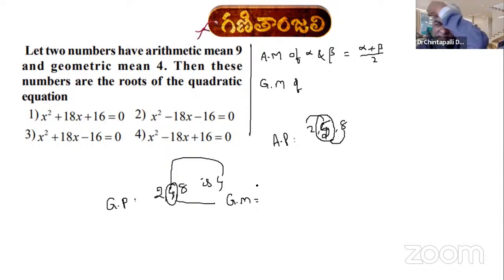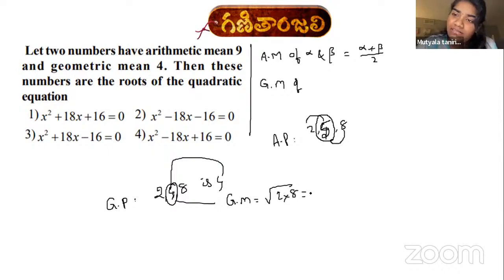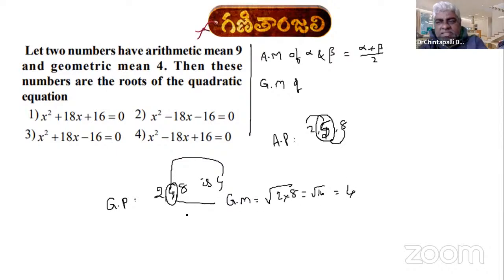AM of 2 and 8 is 5, sir. GM of 2 and 8 is 4. You know how it comes? The square root of 2 times 8. What is 2 times 8? Root 16. What is root 16? Take only positive. 4, sir. That's why 2, 4, 8 make a geometric progression.